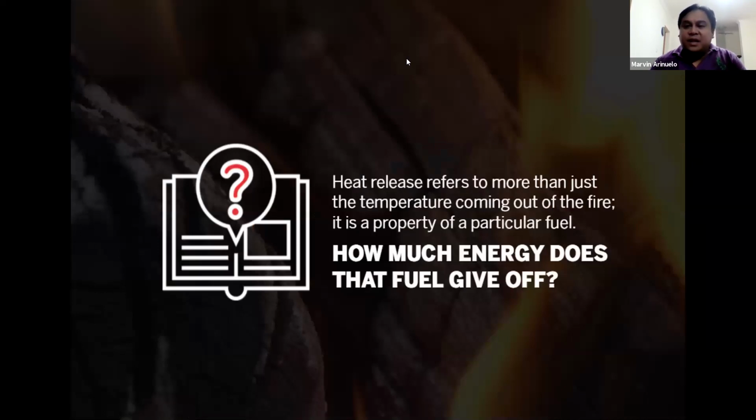Another term is heat release rate. Heat release rate refers to more than just the temperature coming out of the fire. It is the property of a particular fuel. How much energy does the fuel give off? So that is heat release rate.